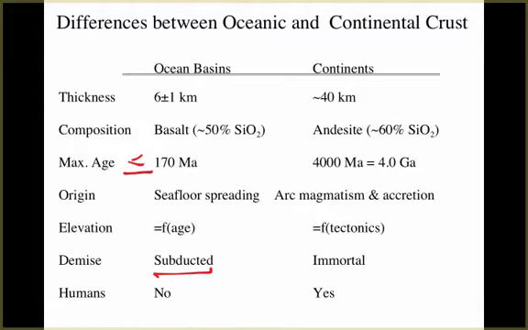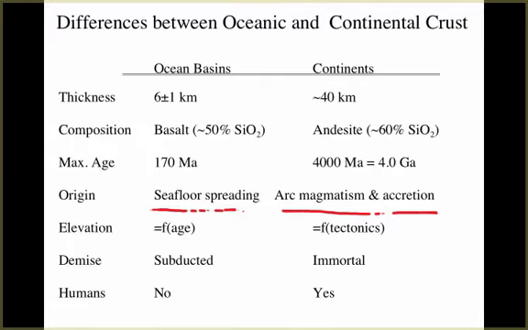The continents, however, are long lived and have been around for somewhere around 4 billion years. And they're arising from different tectonic processes. The oceanic crust, in general, from seafloor spreading, whereas the continents are a result of arc magmatism and accretion of other material, whether it's continental or oceanic crust, that ends up creating continents.